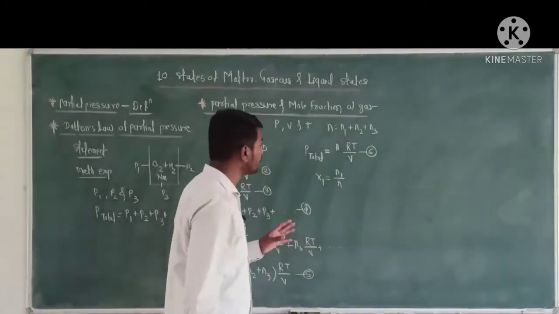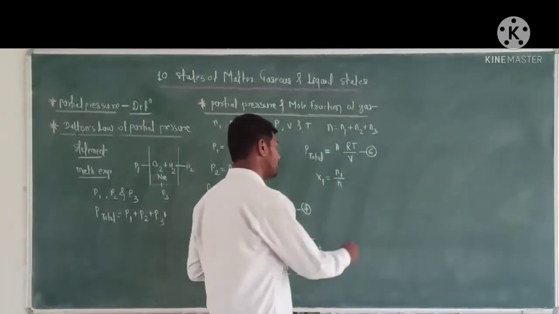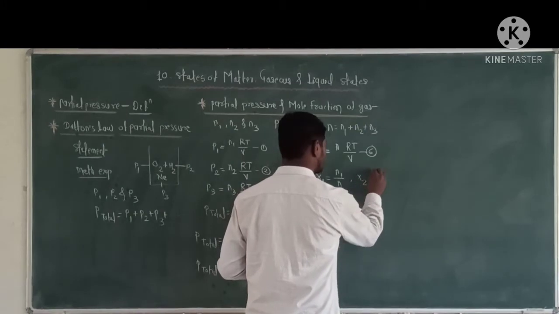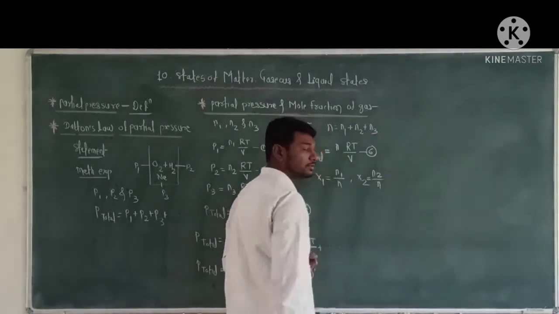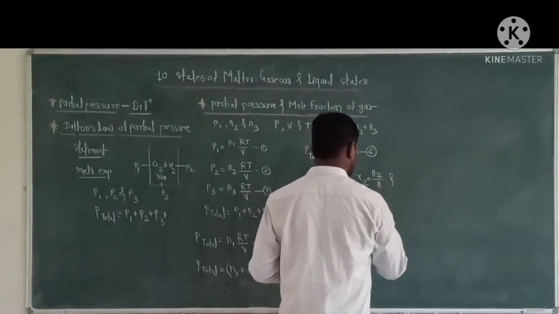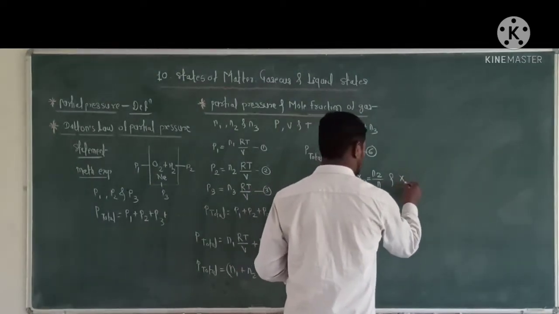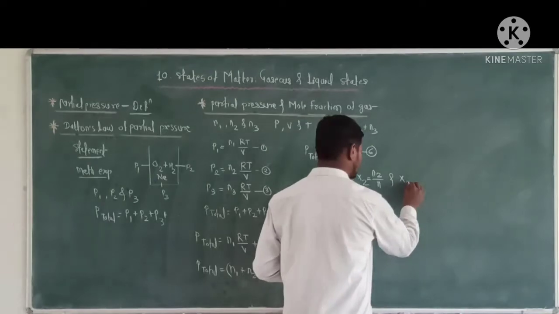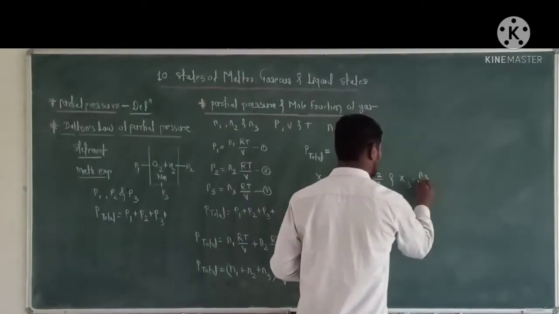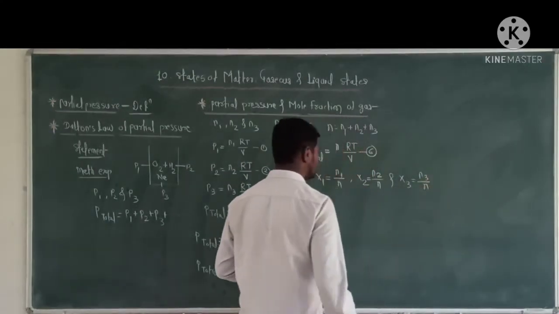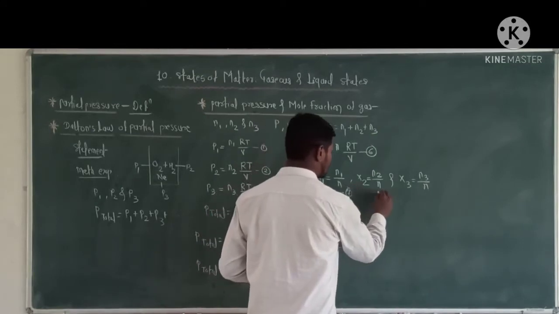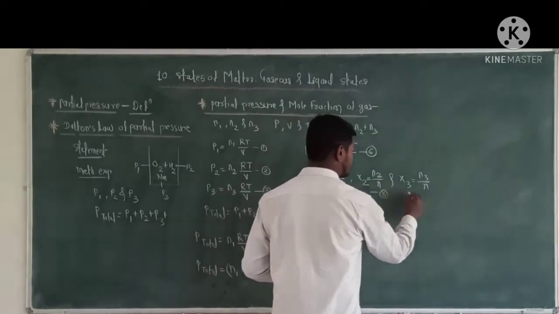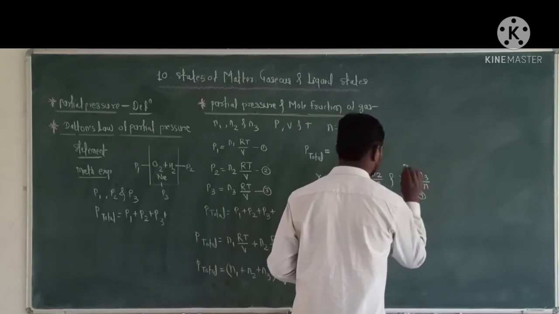The mole fraction of the second gas will be X2 is equal to n2 upon n, and the mole fraction of the third gas, X3, is equal to n3 upon n. This is equation number 7, equation number 8, and equation number 9.